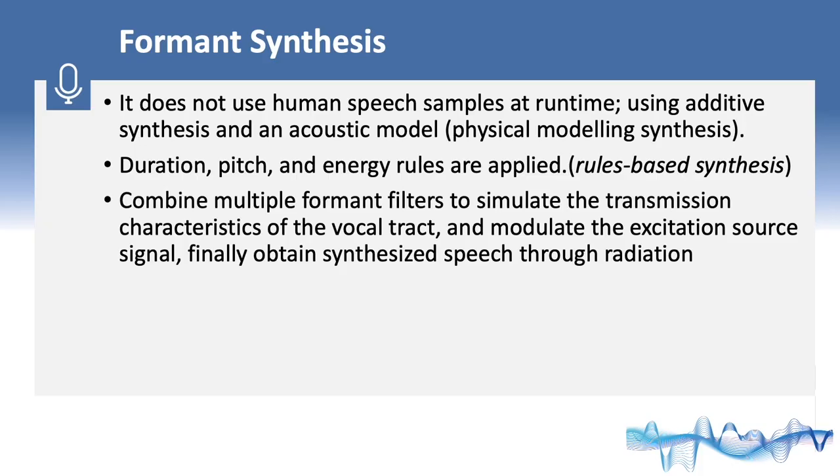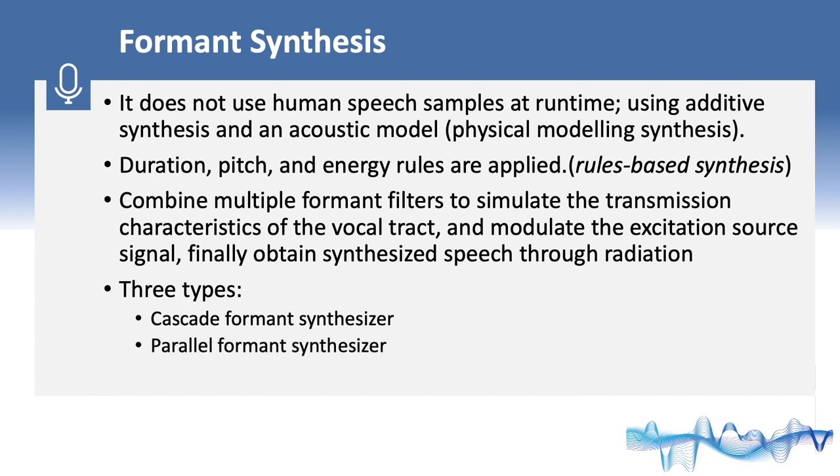Many systems based on formant synthesis technology generate artificial, robotic-sounding speech that would never be mistaken for human speech. There are three types of formant synthesizers: cascade formant synthesizer, parallel formant synthesizer, and hybrid formant synthesizer.